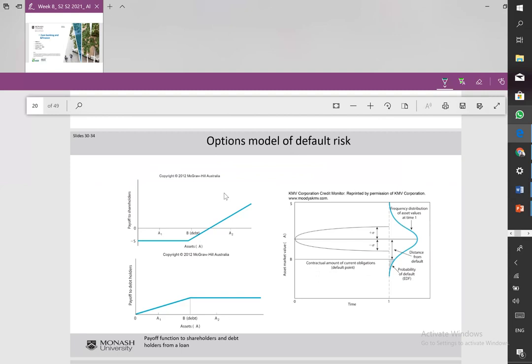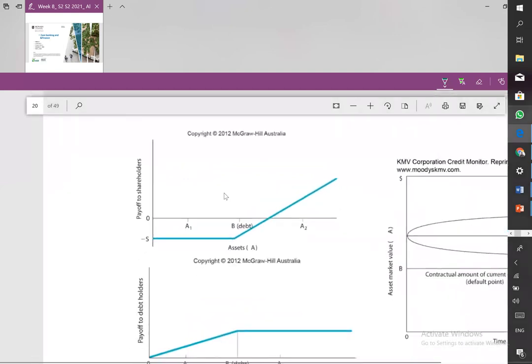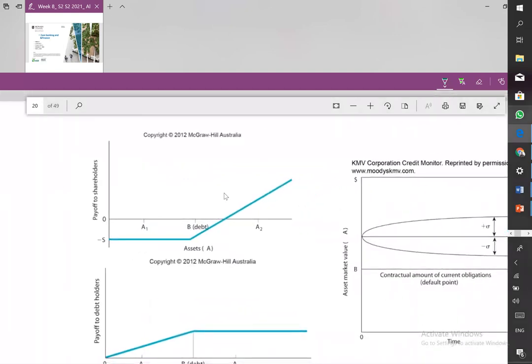And therefore, we call it option because there is an exercising here. So if this is the value of the company, this is now the payoff from the shareholders' perspective. This is the shareholders who take the loan, or the company, and this is the value of the company.